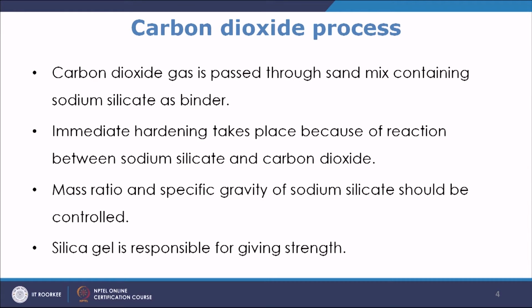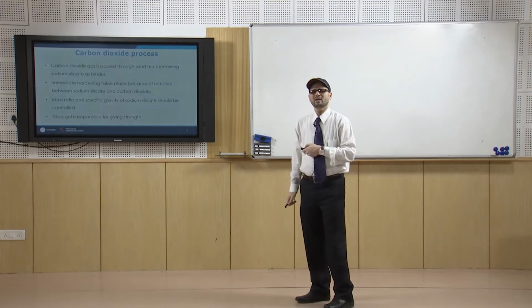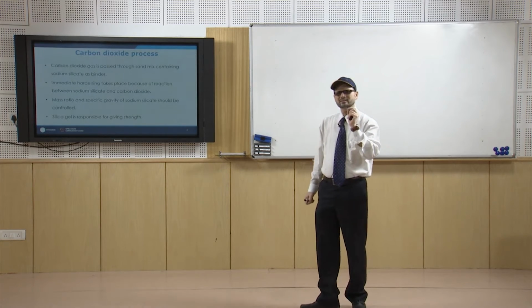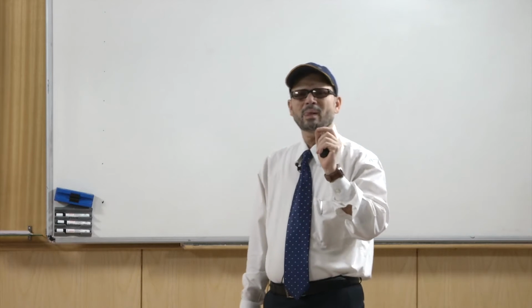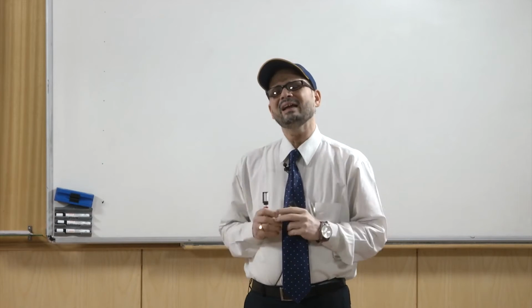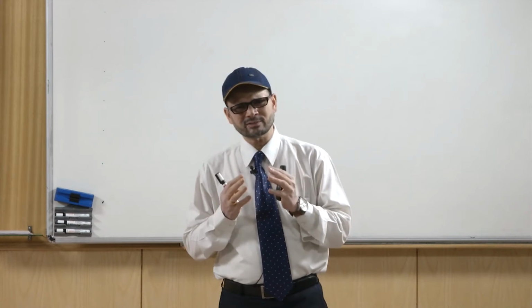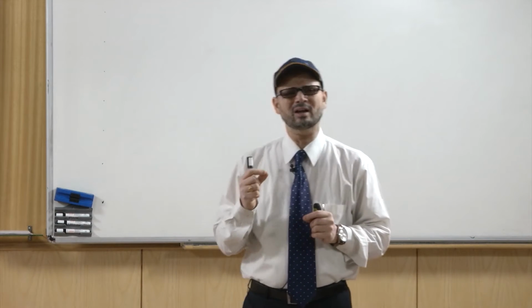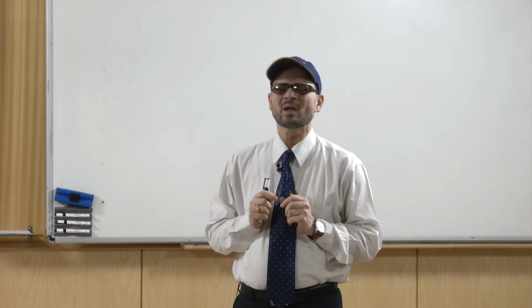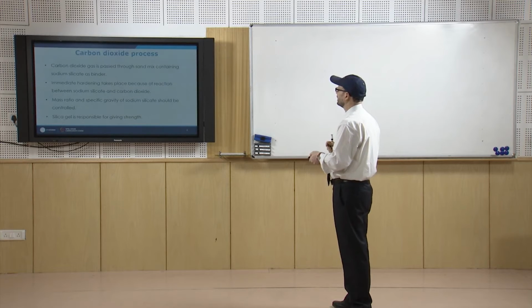The sodium silicate reacts with carbon dioxide and forms a hard spongy mass, and this cohesiveness or strength is because of the formation of a reaction product known as silica gel. This silica gel is responsible for giving the strength.